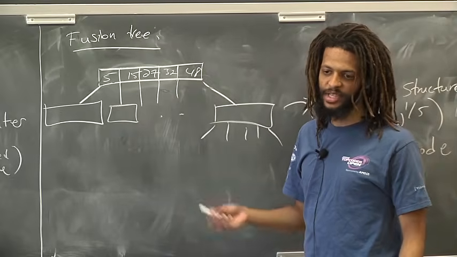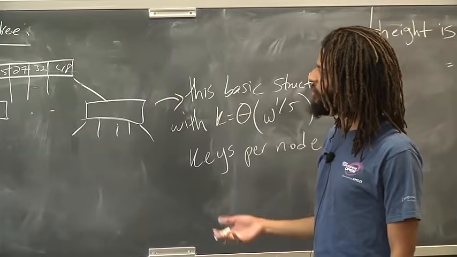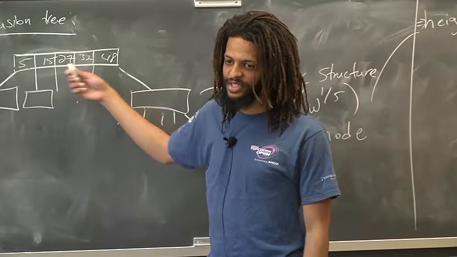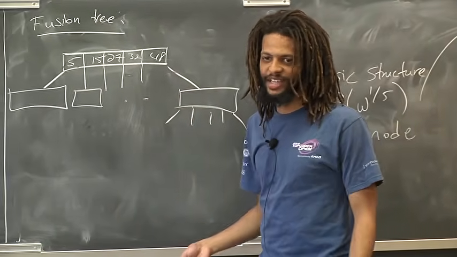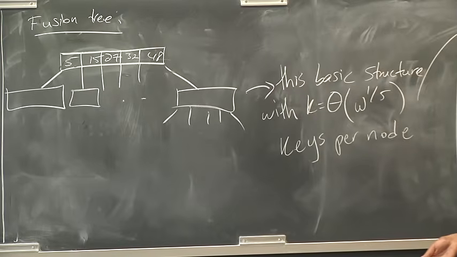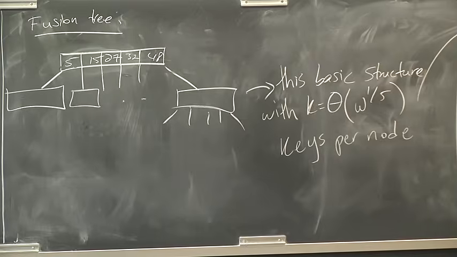That will take you k time per node, so you get k times log base k of n, which is always worse than log base 2 of n. You could do a binary search, then you would get log k times log base k of n, and the log k's cancel, and you just get log n again. Okay, so to make this work, we can only spend a constant amount of time per node.